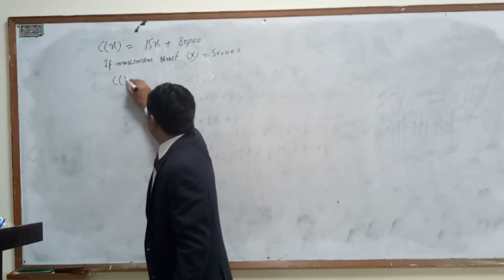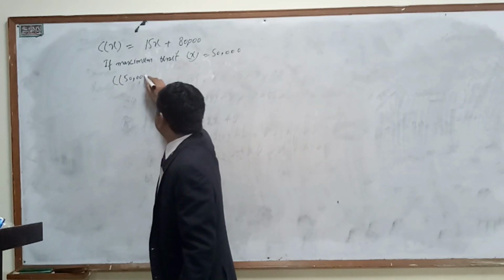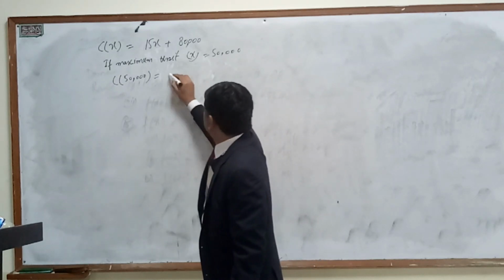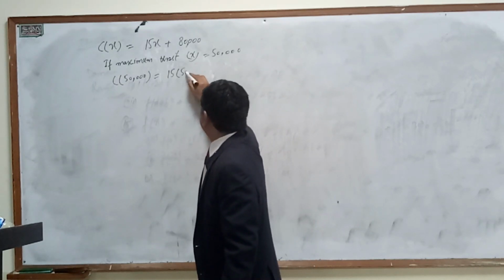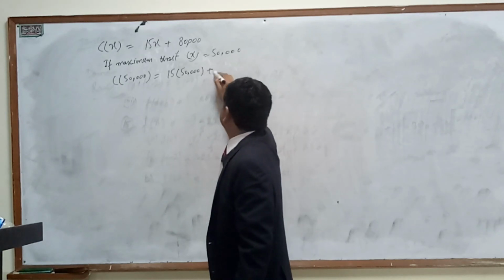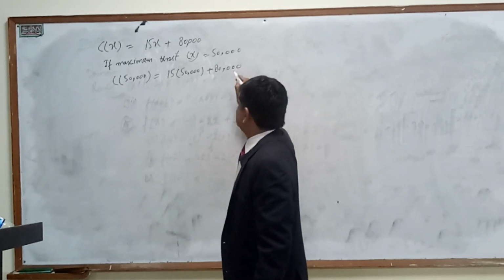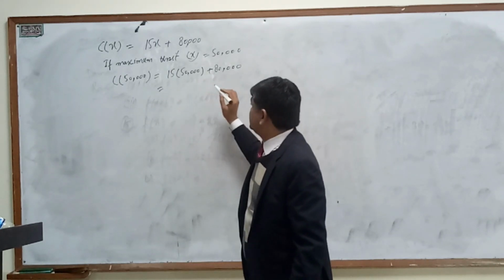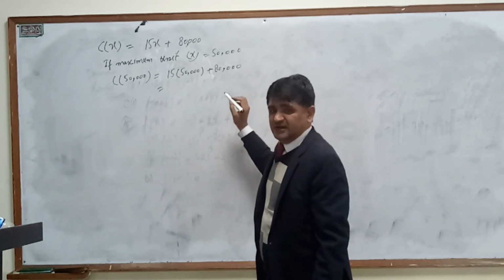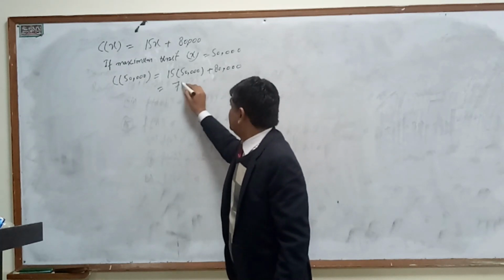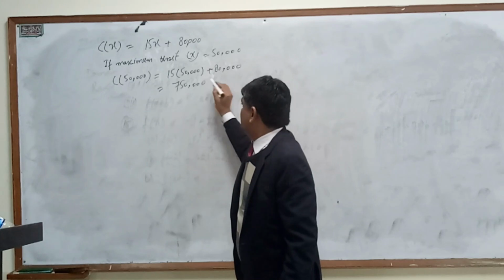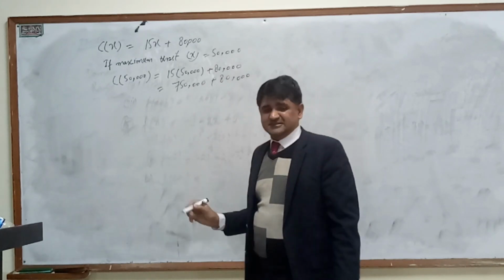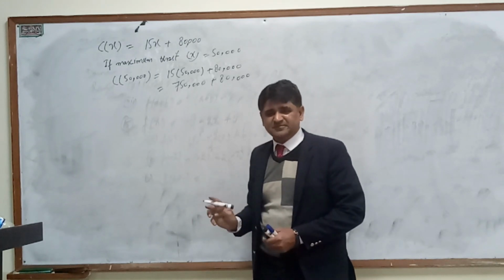So C of 50,000, cost of 50,000: if one produces 50,000 units, how much will it cost? 15 multiplied by 50,000 plus 80,000. What is the sum? 15 multiplied by 50,000 is 750,000, plus 80,000. Did I calculate correctly, children?